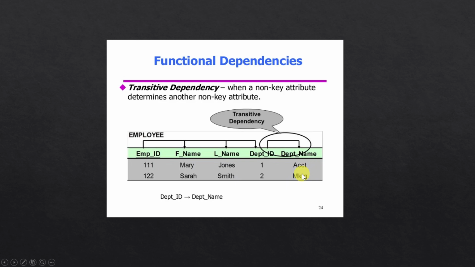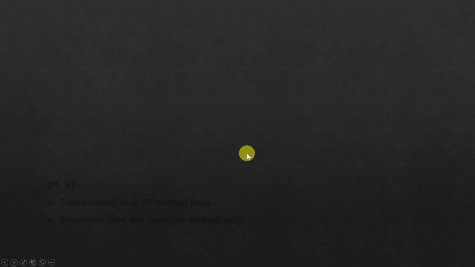But the problem is that this department ID is linked with this department name, which is wrong because both of these columns are non-key attributes, so they are not the primary keys. But one column is dependent on the other one. So this is a transitive dependency.